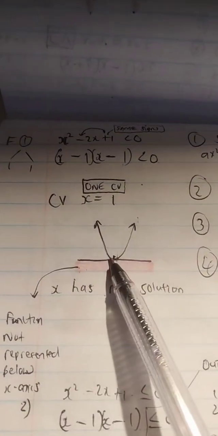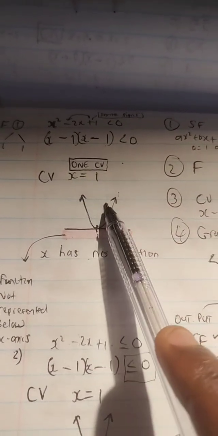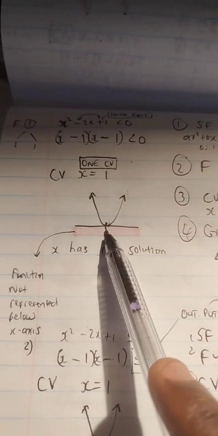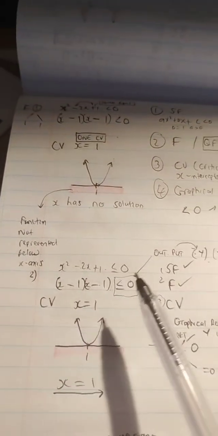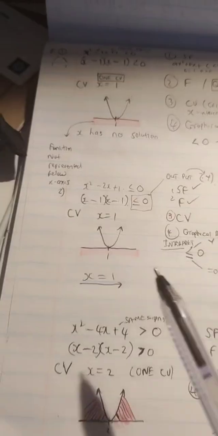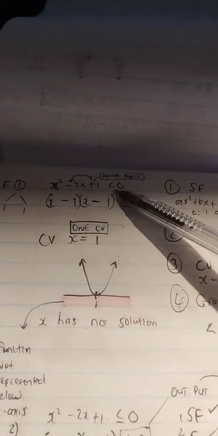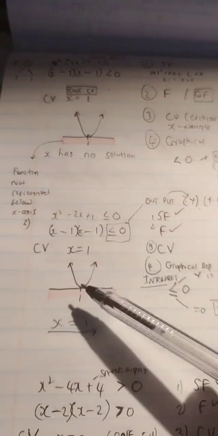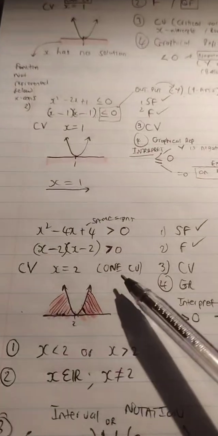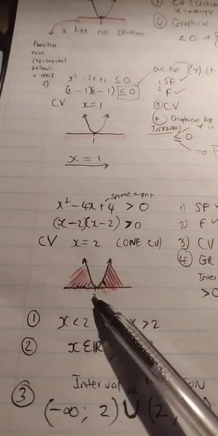Now, 1 critical value. The graph does not cut 2 places. It only touches the x-axis once at the critical value. Then you interpret this. You write your answer. You could see less than 0 for 1 critical value, less than or equal to 0 for 1 critical value, greater than 0 for 1 critical value.